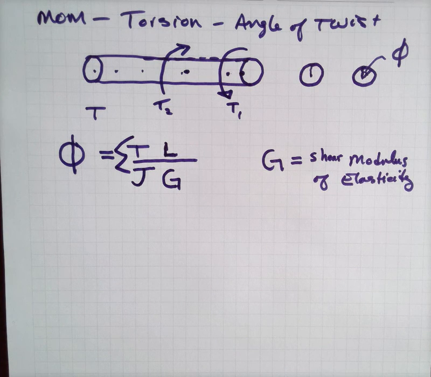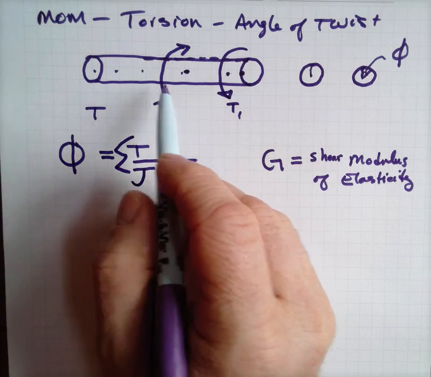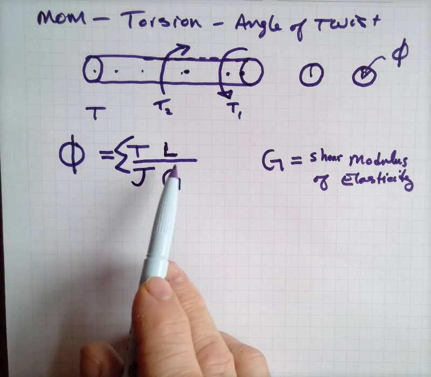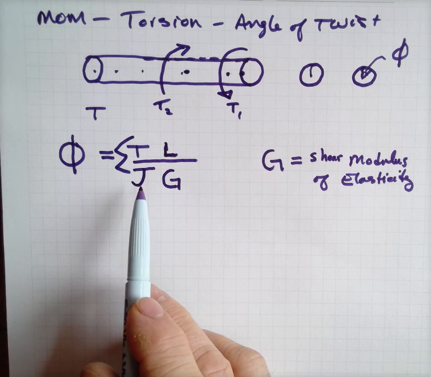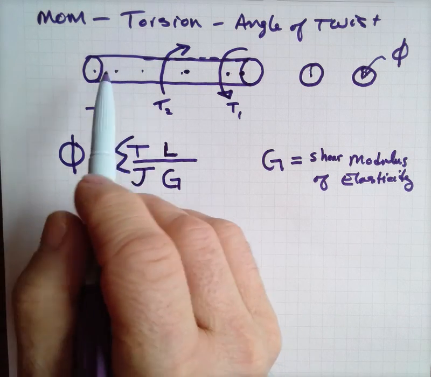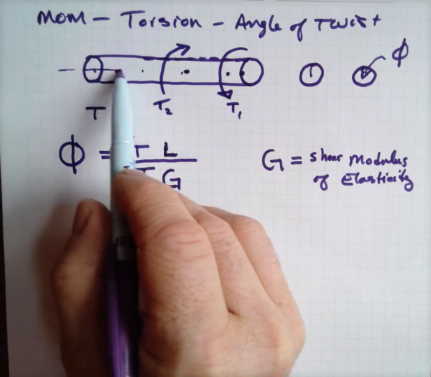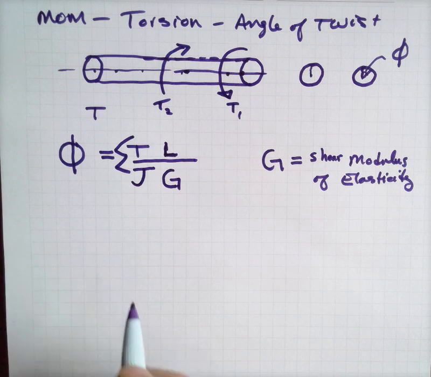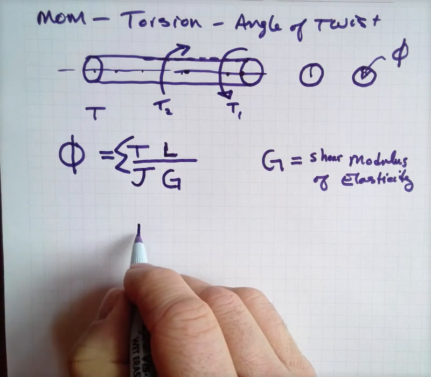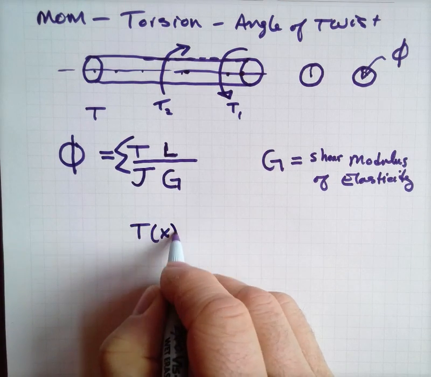Another possibility would be that the torque, for example, or the polar moment of inertia could be functions of continuously changing variables across the length. In other words, they could be a function of x.